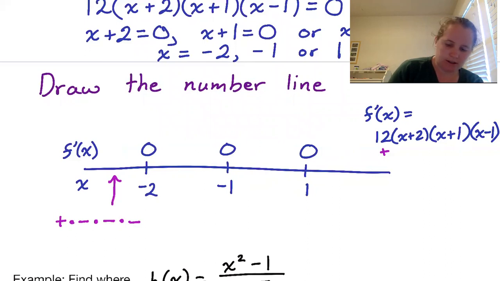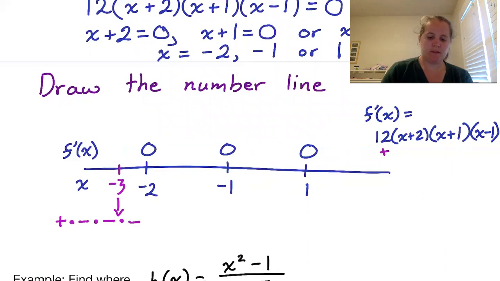So technically we used x equals -3. And so positive times negative times negative times negative. We have an odd number of negatives, so we get a negative result. Then we might pick, say, -1.5.